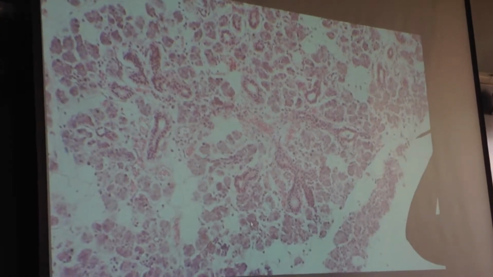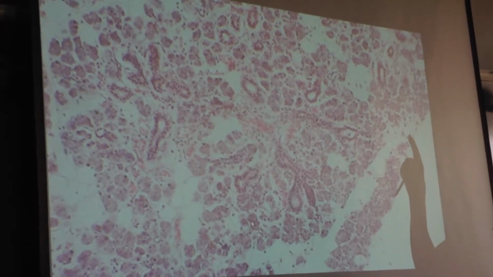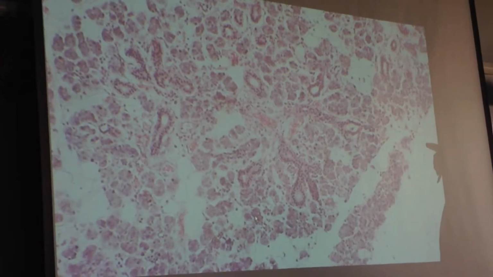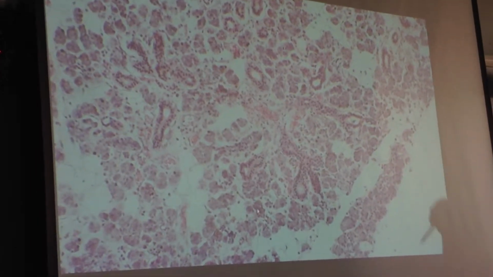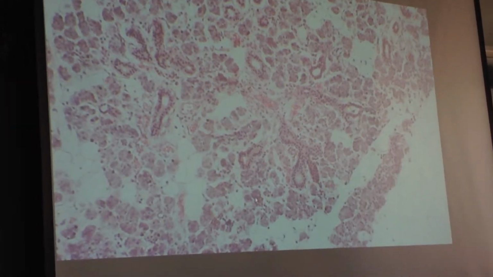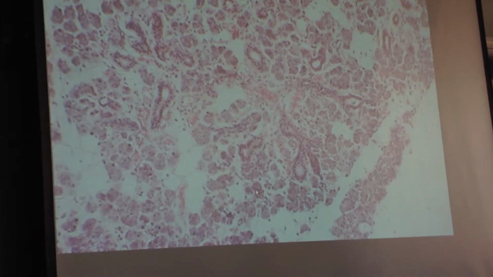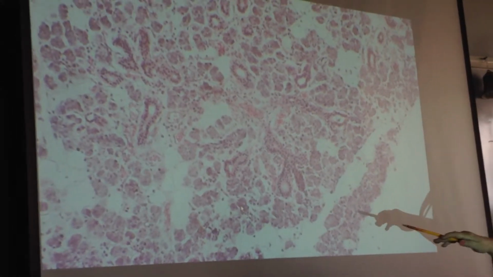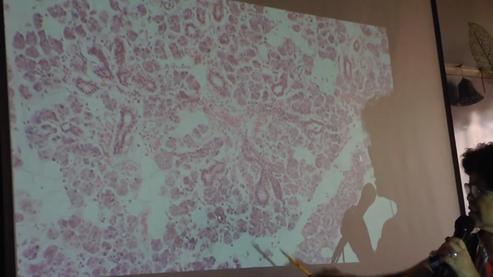Before focusing the slide, you examine it with your naked eye; you will see a small structure at the periphery, which is the submaxillary or submandibular. The larger, paler part is the sublingual. The submaxillary is darker.